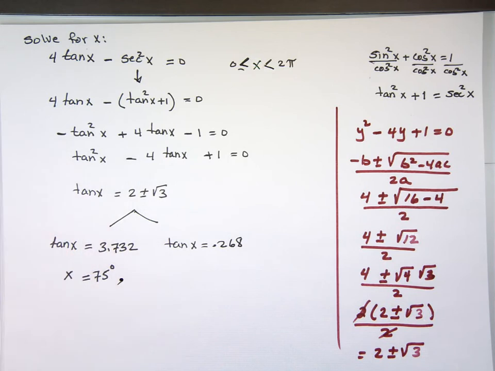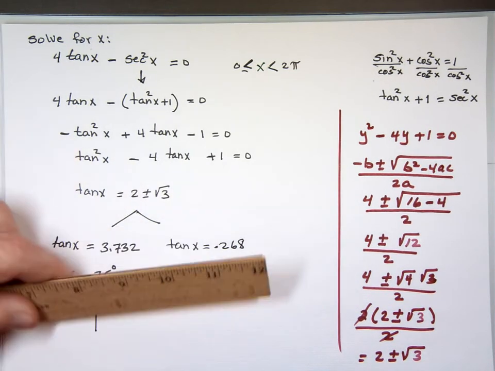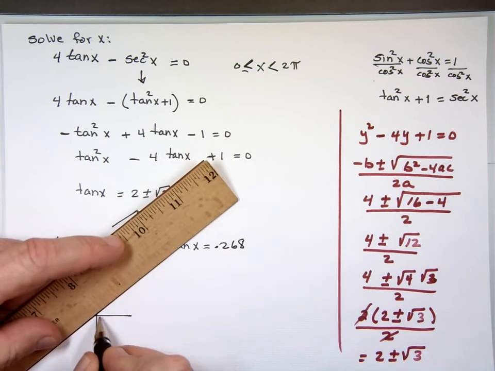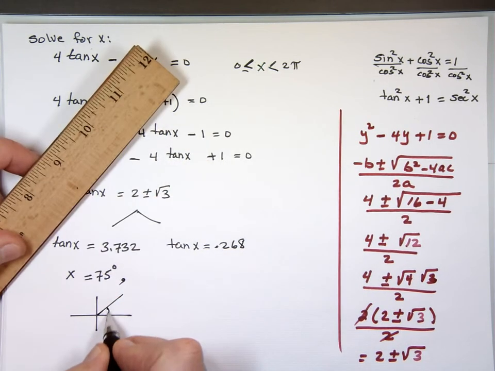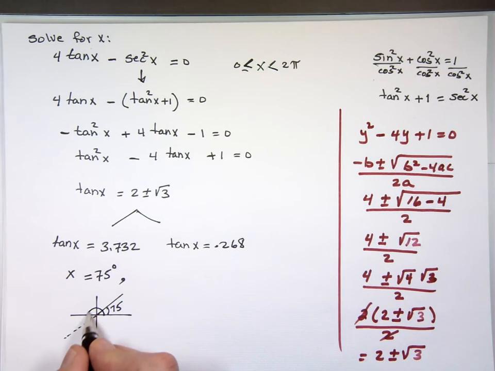But if this is one of them, how would I find out the other answer? This is where the 75 is. Where's the other angle? You need to extend the line. When you extend the line, what's that angle from here? Plus 180. Add 180 to it.